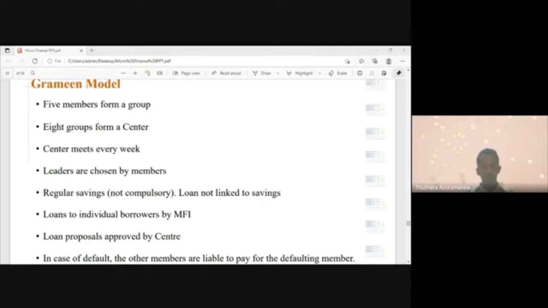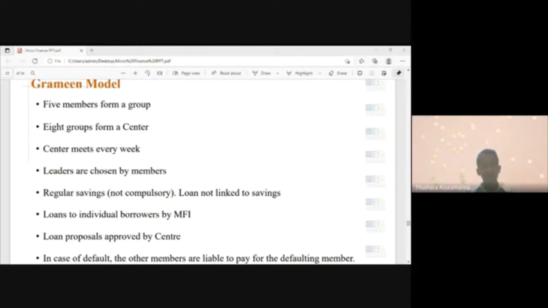Loans are given to individual borrowers by microfinancing institutions, like joint liability groups, so loans can be given individually to the members. And in that particular 5-member or 6-member group, they are liable: in case the borrower is not going to pay, the others are responsible. The loan proposals are approved by the center.